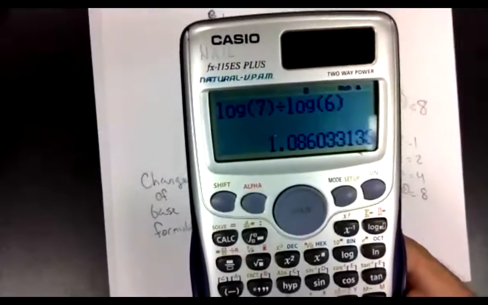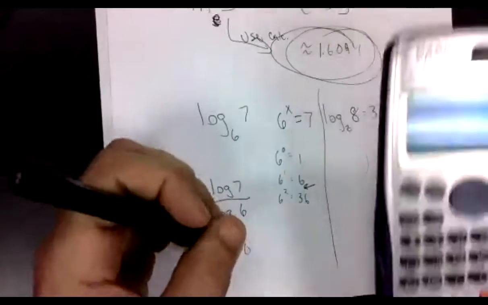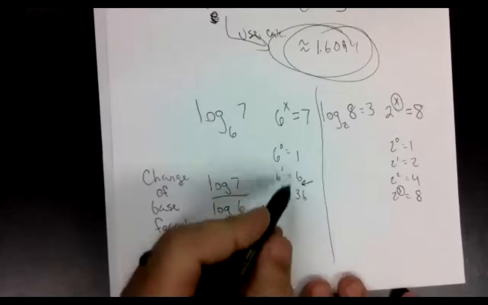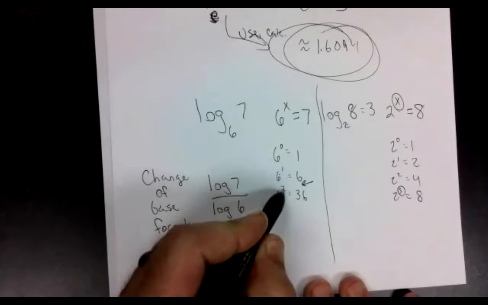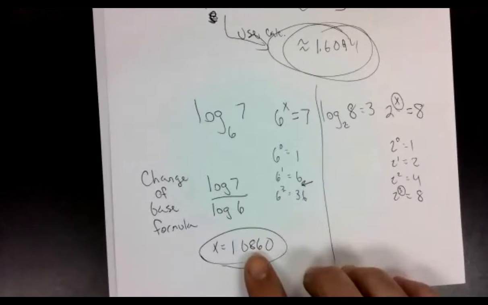Hit equals, and it's about 1.0860, which again, we knew it was going to be somewhere between 1 and 2. Just without having to do all the trial and error, we can get there.